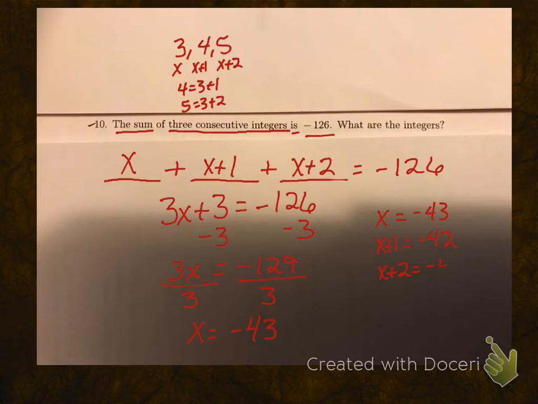X plus 2 is negative 41. Let's just check that just to make sure. Okay? So 3 plus 2 plus 1 is 6. 4 plus 4 plus 4 is 12. They're all negative. So that's negative 126. So there are our 3 consecutive integers.